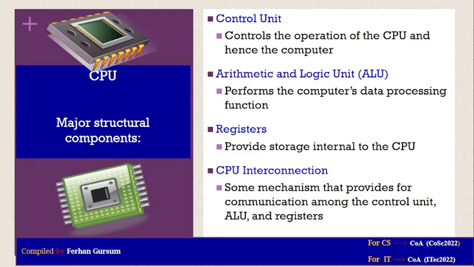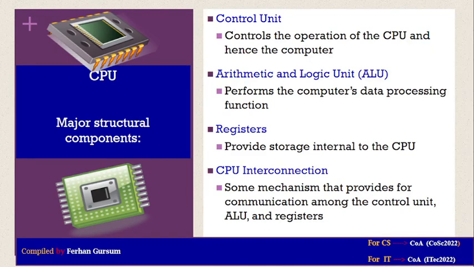When we say ALU or arithmetic and logical unit, this performs computer data processing function. You have already covered this in the introduction. When we say registers, they provide storage internal to the CPU, okay?